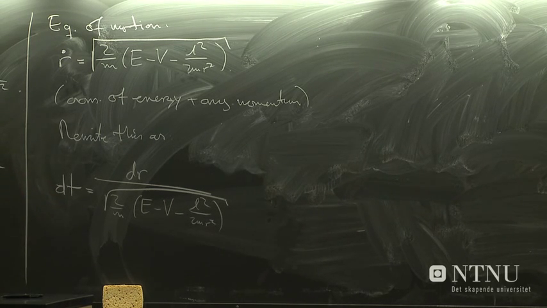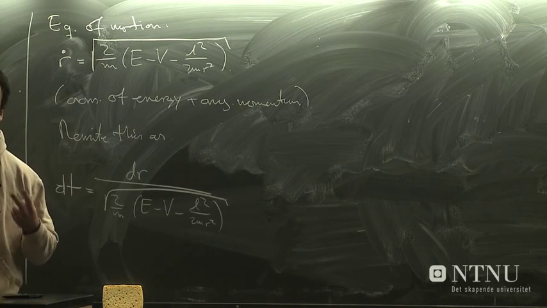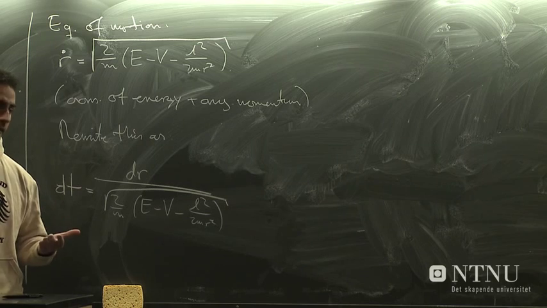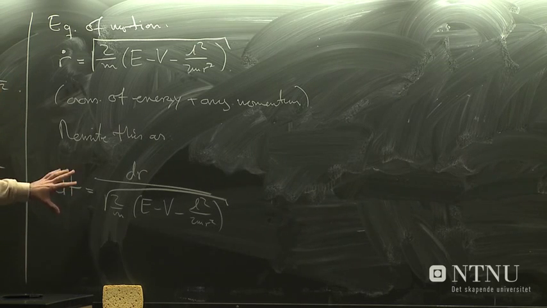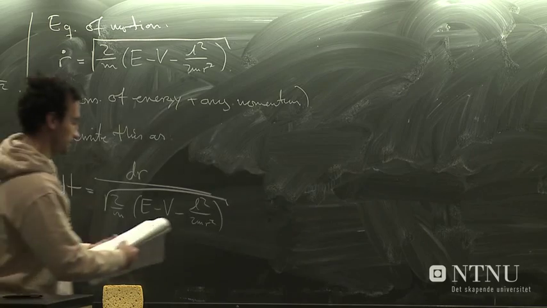Now, the particle moving in this potential is in general characterized by two generalized coordinates, r and theta. So by integrating this equation, we can obtain the radial dependence on time. But if we're interested in the angular dependence on time, we can substitute d theta into this equation.